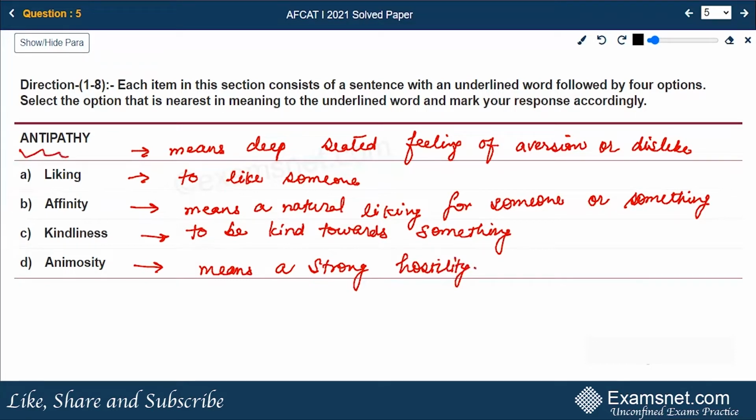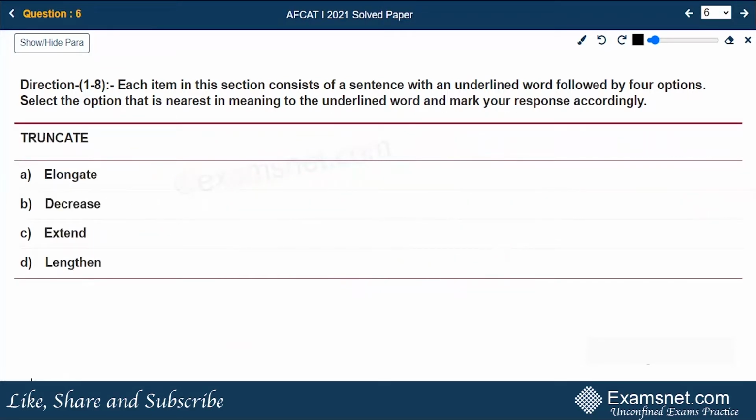So antipathy goes correctly with animosity. Antipathy means deep-seated feeling of dislike, and animosity also means a feeling of strong hostility. So the correct answer to this question is option D. Next, question number 6. Truncate.